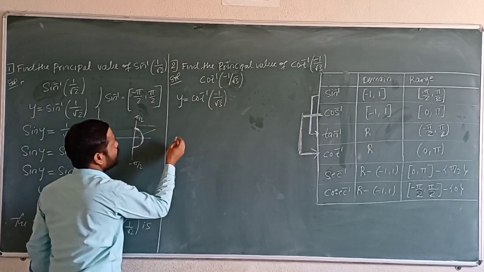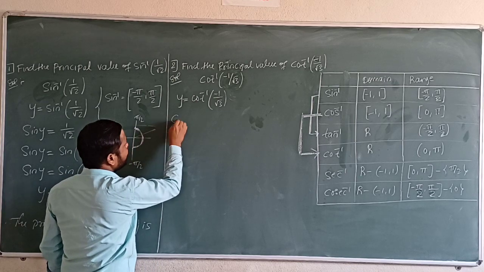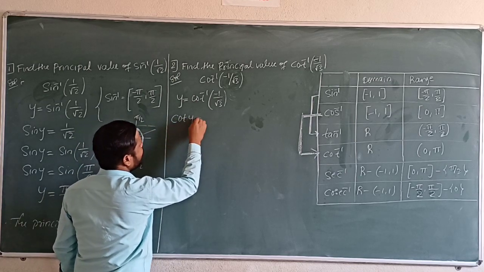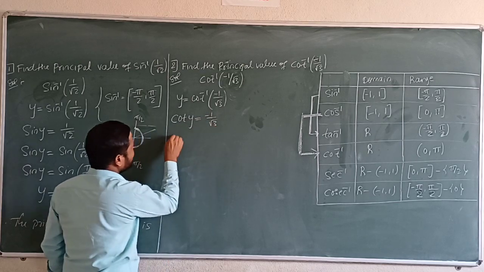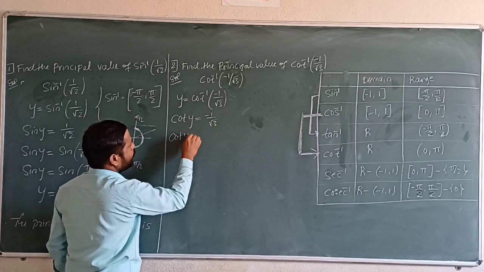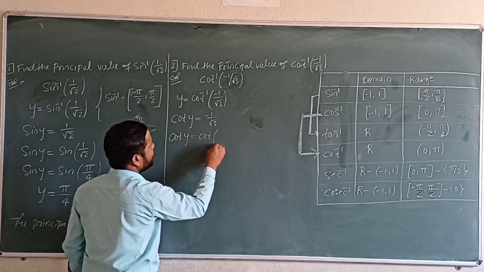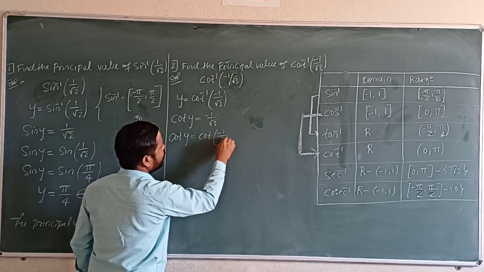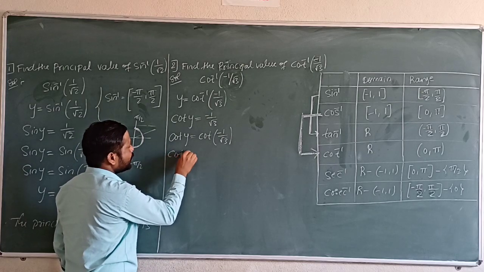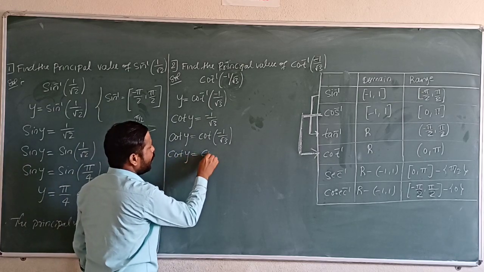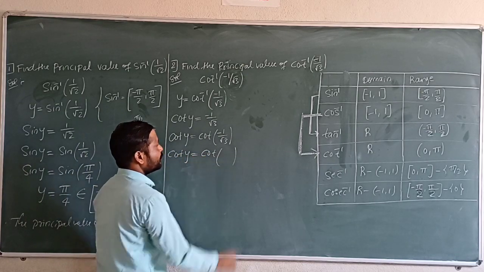Take this as y, so y equals cot inverse of minus 1 divided by root 3. Transferring cot inverse, it becomes cot y equals minus 1 by root 3. Search again in the cot table.